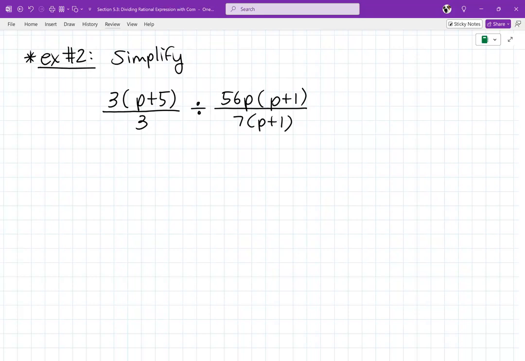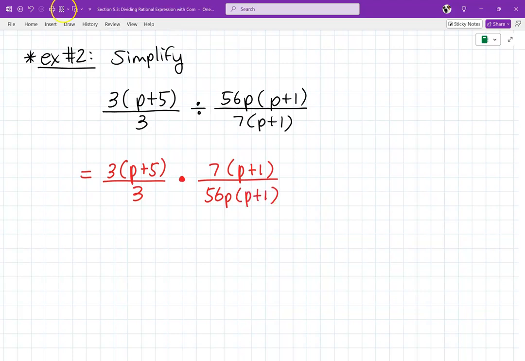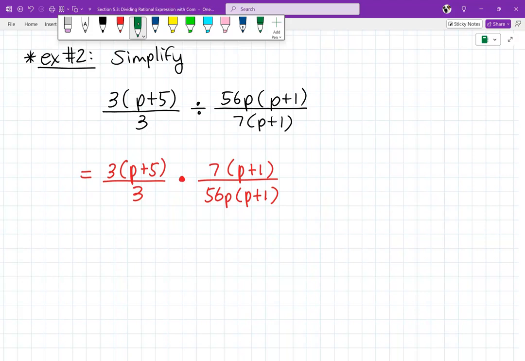So for these problems, fix it first, meaning change the division to a multiplication, flip the second fraction. So in other words, make it look like 3 times (p plus 5) over 3, times 7 times (p plus 1) over 56p times (p plus 1). And now start canceling stuff out.